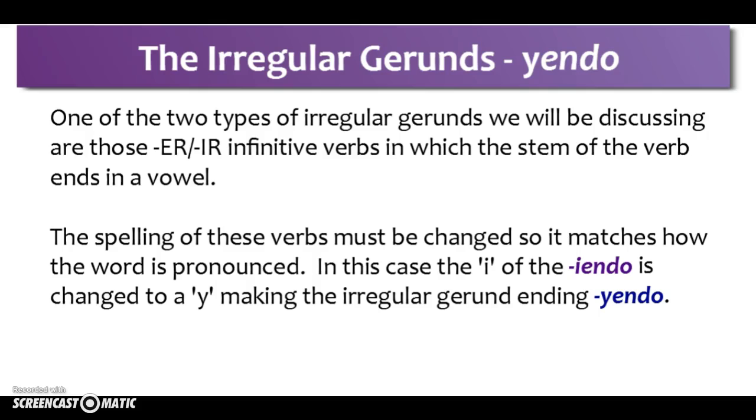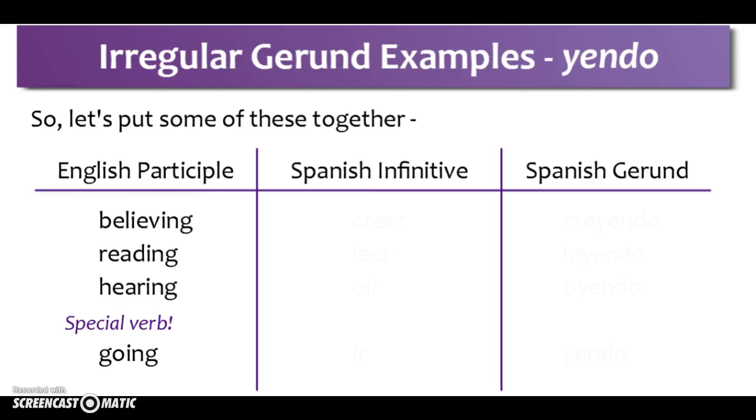And just like we did for the preterite tense, we're going to replace the I, where on a regular gerund it would be I-E-N-D-O, and we're going to change that to a Y, making the irregular gerund Y-E-N-D-O. So we have our believing, reading, and hearing, the three verbs we looked at before. Creer, leer, and oír.